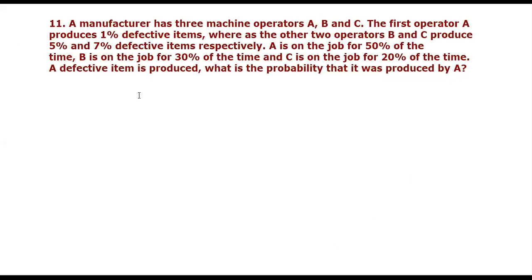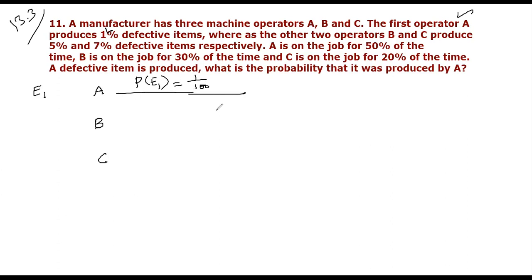Question number 11, exercise 3.3. So there are three machine operators, A, B, and C. Operator A produces 1% defective items. So producing a defective item is E1 for operator A, and its probability is 1 by 100.